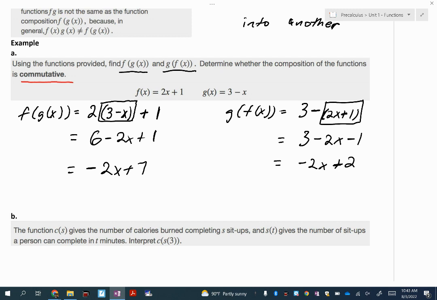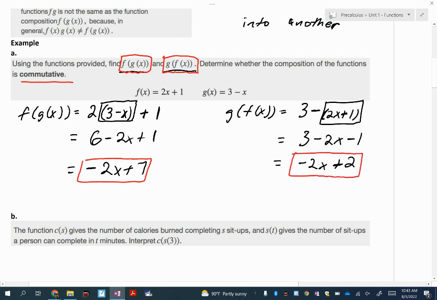So essentially, we're asking ourselves here, if I do f of g of x, or if I do g of f of x, do I get the same composite function? When you look at that, this is f of g of x, this is g of f of x. Those are in fact not the same, very close, but they're not the same. So this composition is not commutative.